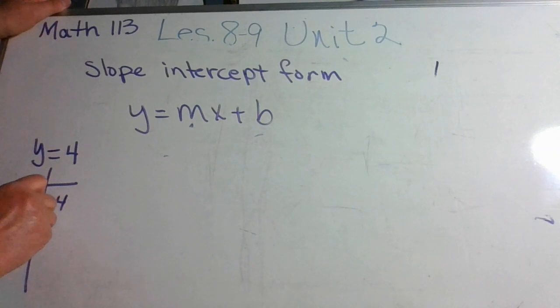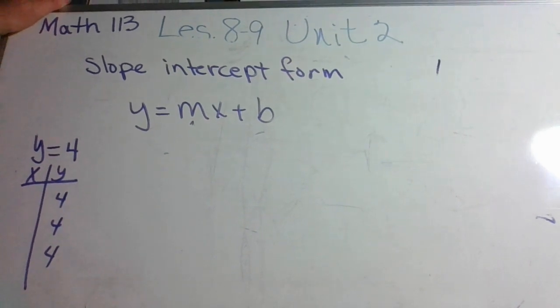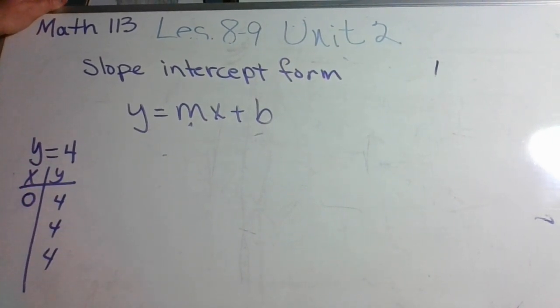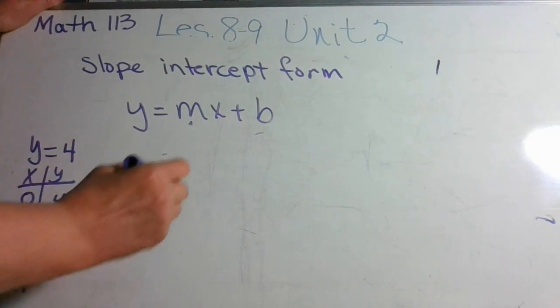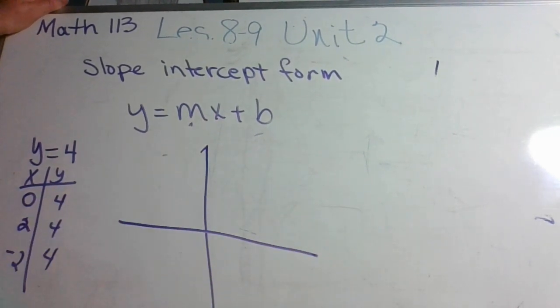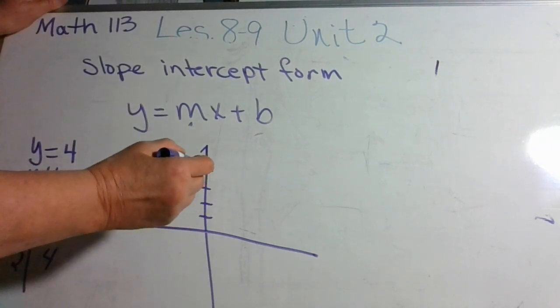It's equal to 4. What's x equal to? Well, you get to choose. I always choose 0 first. That'll give me 1 point. And then you can choose maybe 2 and negative 2. That would be a good choice. So let's graph that. 0, 4. Right there.